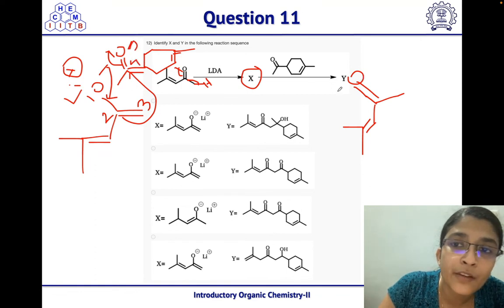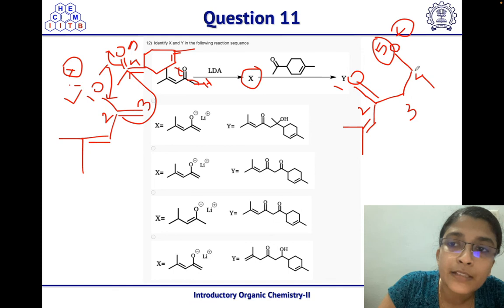A bond will be formed between carbon 3 and carbon 4, and there will be O minus here, and there will be a methyl group here on carbon 5, and there is this R group, which is the cyclohexene.